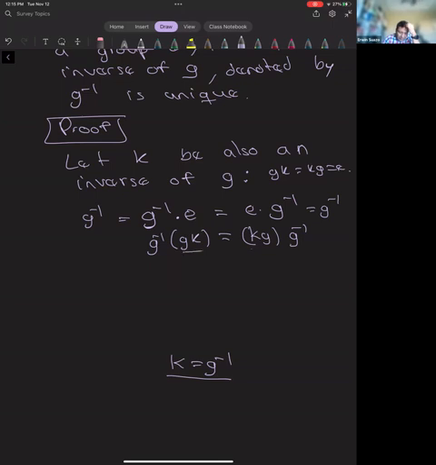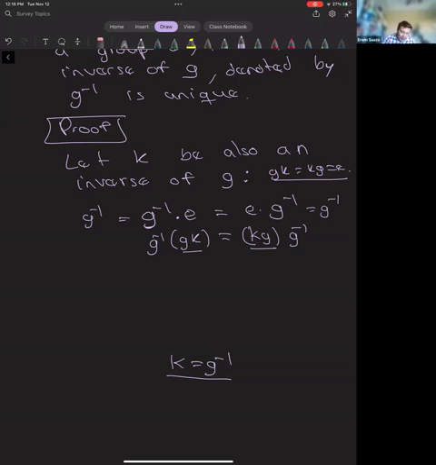This is my definition: GK equals KG equals E. If K is the inverse, that's going to be true, right? So I'm going to implement that statement in my proof.